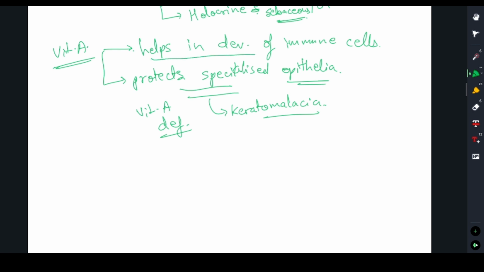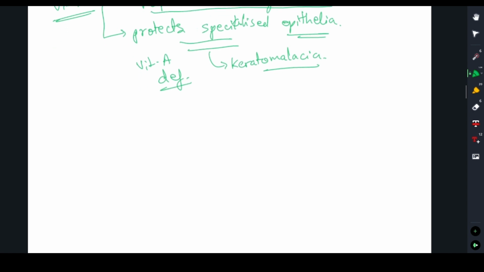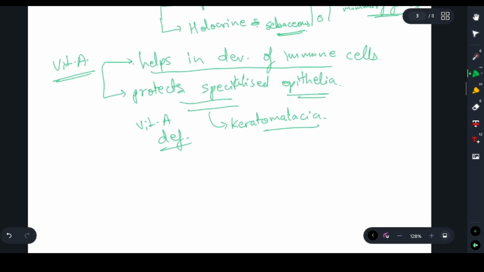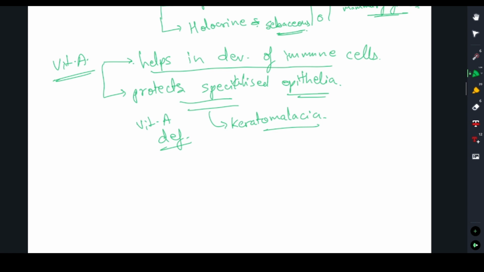Now, another thing we will be discussing here is that vitamin A helps in development of immune cells, and in case there is a translocation between the 15th and 17th chromosome, in that case, what you can see is that the vitamin A receptors, the retinoic acid receptors, are disrupted, right?